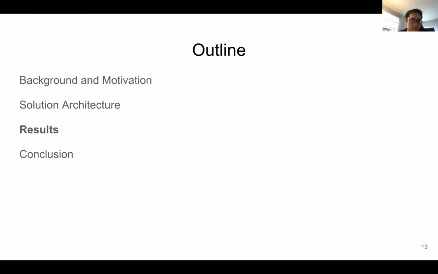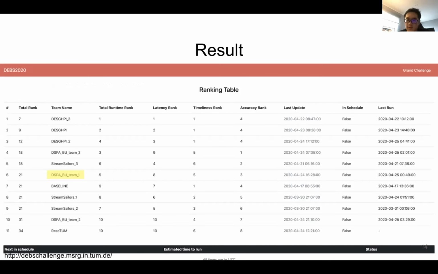Moving towards the results, as seen from this table, our result is ranked 6 overall, but our total rank is actually 21 when you add up all the ranks. The first thing you notice is that our runtime is a lot faster than the baseline solution due to the fact that we're using multi-thread. But the trade-off is that our latency is also a bit worse.